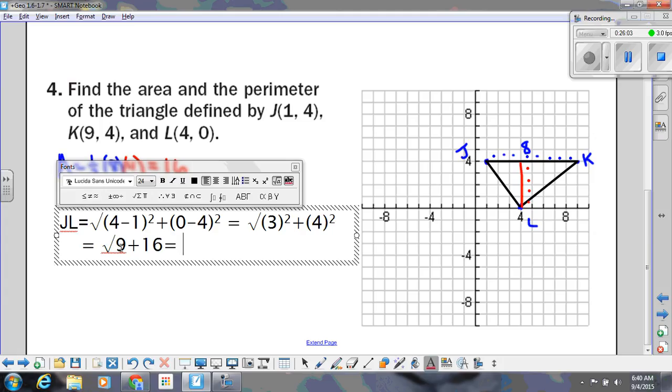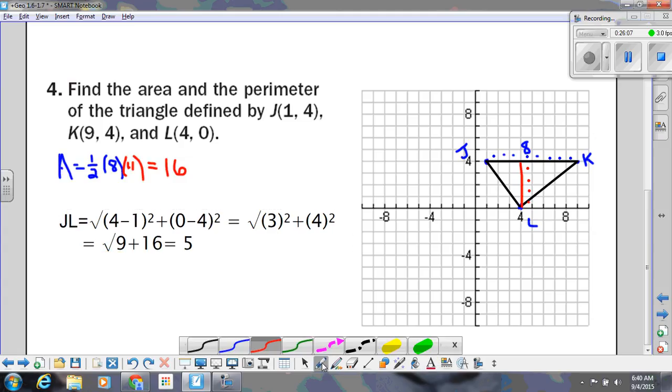So what's the square root of 25? That's just 5. So I know that JL is just a distance of 5.